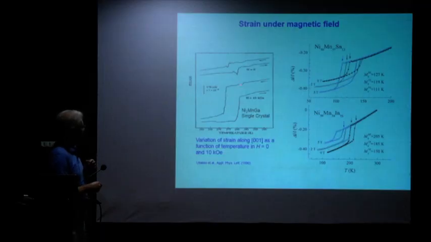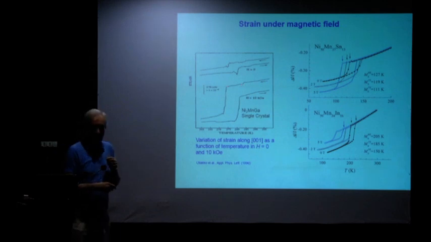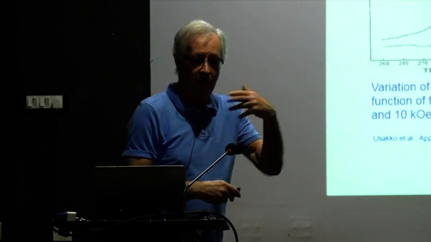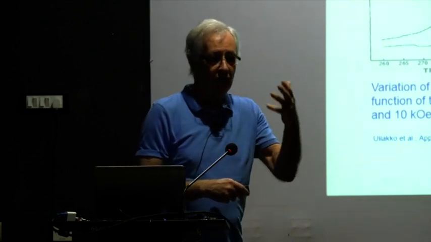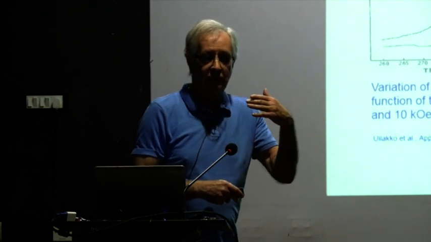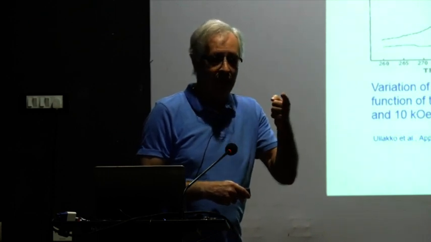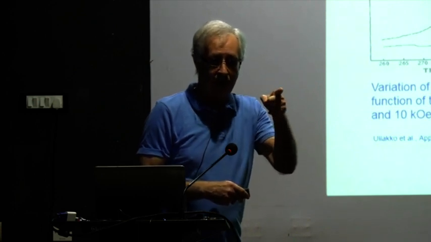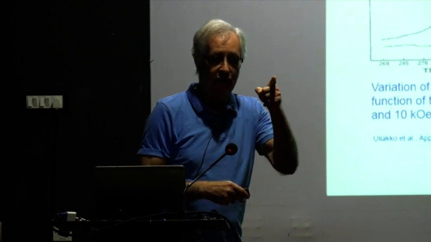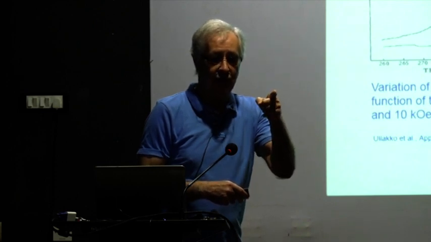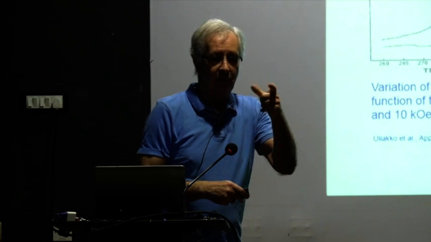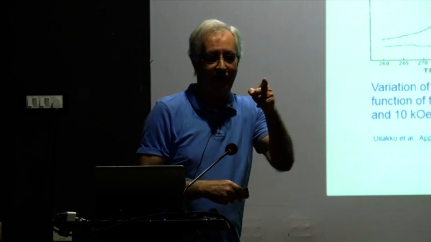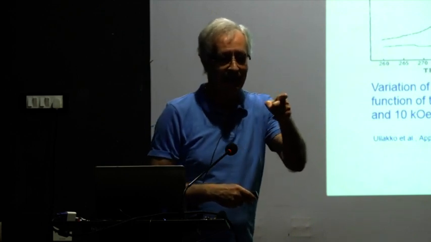So what happens is that when we apply a magnetic field, in the case of nickel manganese gallium, when martensite nucleates and starts to grow, the twin boundaries are very mobile, so that when we're cooling in a magnetic field, variants along the easy axis will be selected.